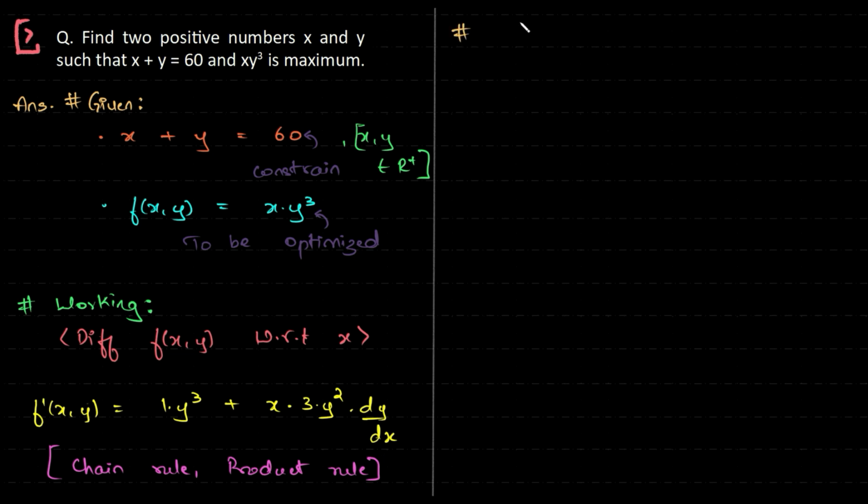So now we'll have to find the critical value of f of x. Critical value of f of x is obtained by equating f prime of x comma y to 0.